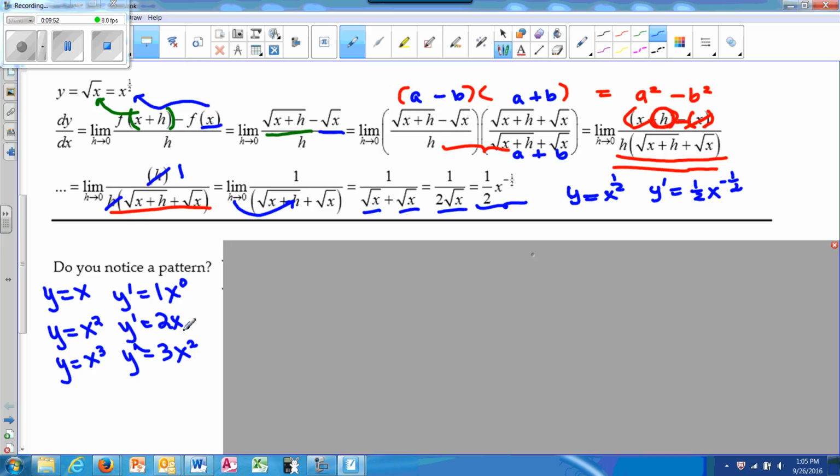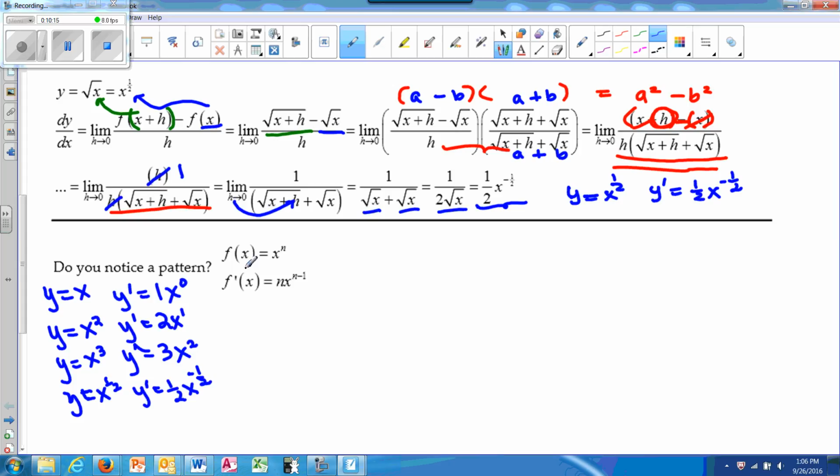When y equals x cubed, y prime became 3, x squared. We can even think about this y equals x as y prime equals 1, x to the 0. 2x to the 1, 3x squared.